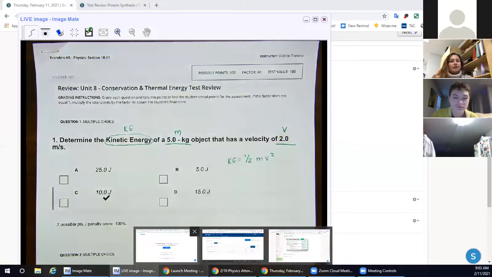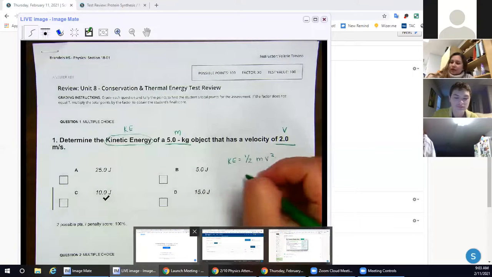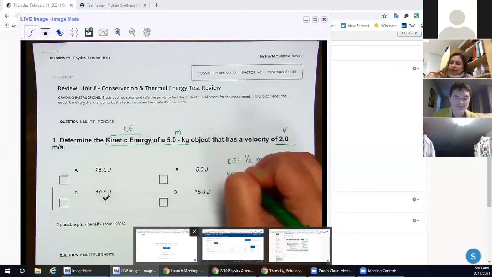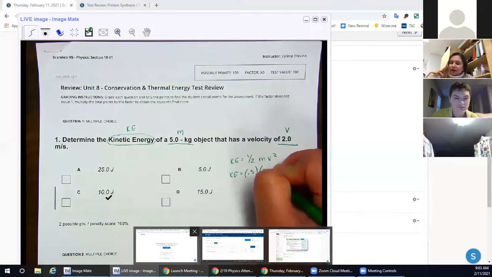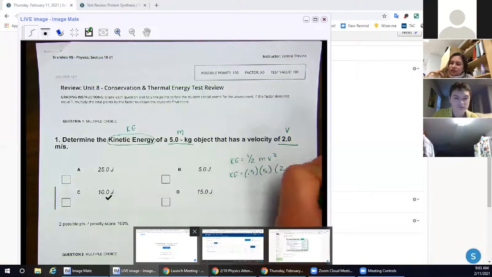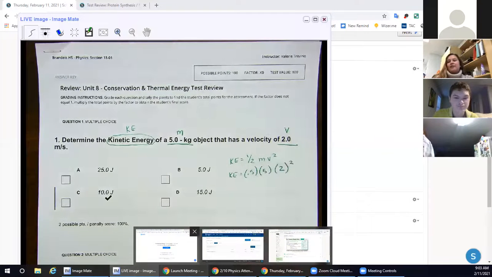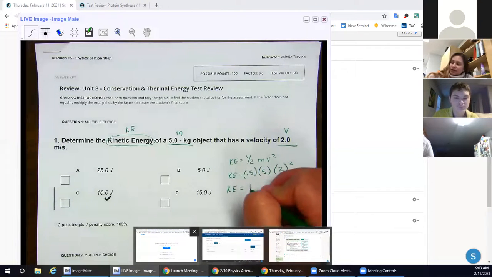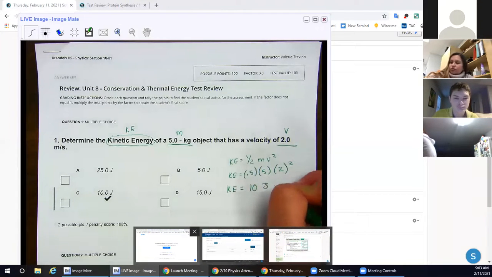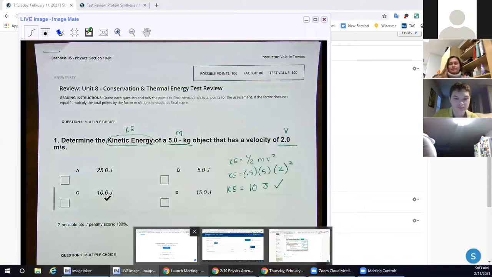That's one of the formulas you need for the test. So we're looking for kinetic energy. 1/2 is the same as 0.5, mass is 5, and your velocity is 2. And don't forget to square that velocity, only that velocity. So when you plug in all that to your calculator, you should get 10 joules, which is your answer.